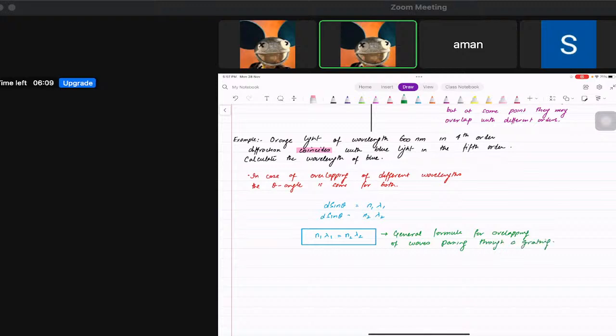Now it is pretty simple because the first wave had the wavelength of 600 and the order was 4th. The other one has the 5th order and lambda 2, so easily you can find lambda as 480 nanometer, and that's the answer to this question.